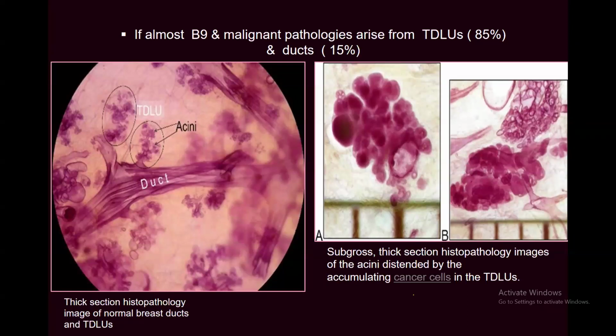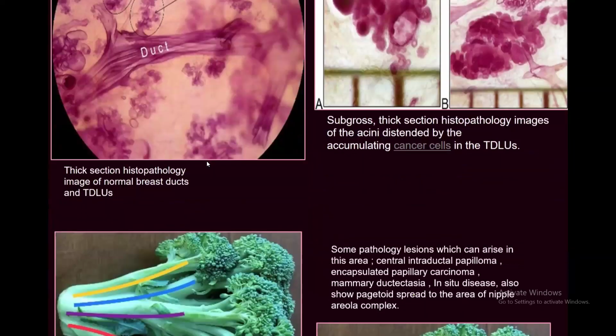Because it gave me that internet is unstable. But in this example, it is obvious that the acini are big, enlarged, enlarged by cancer cells. So here is the difference between normal and abnormal.